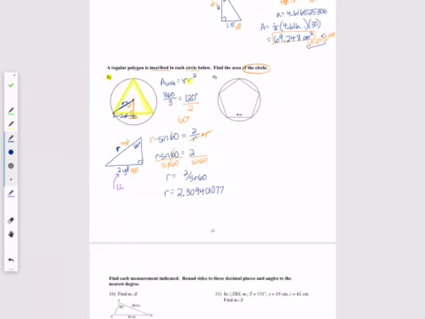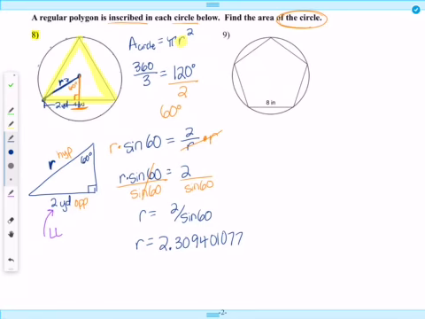And now we just need to find, remember, they asked us to find the area of the circle. So here we're going to plug in area equals pi times your r, which is that 2.309401 number, squared. And once again, if you already have that answer left in your calculator, just hit the squared button and then times, and you always want to use the actual pi button on your calculator.